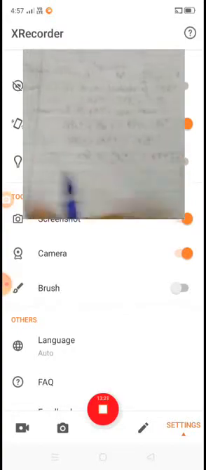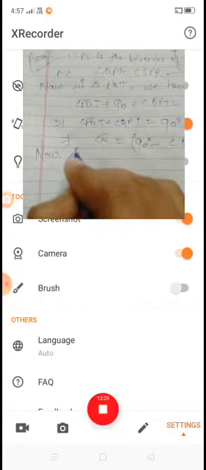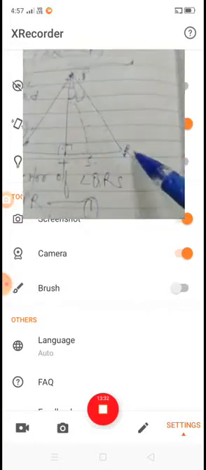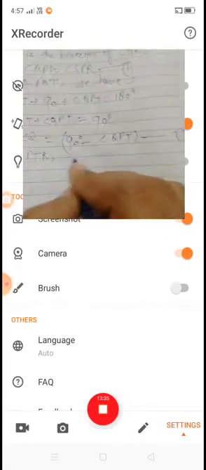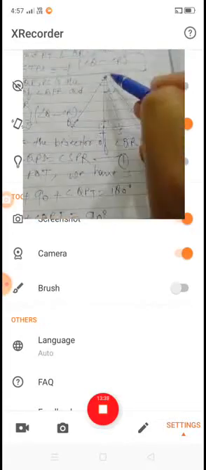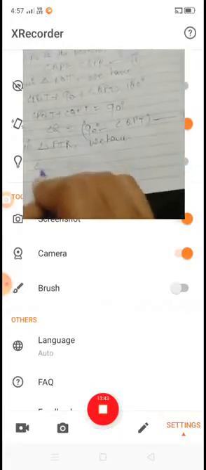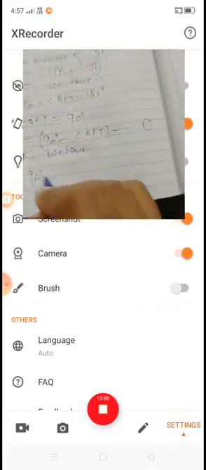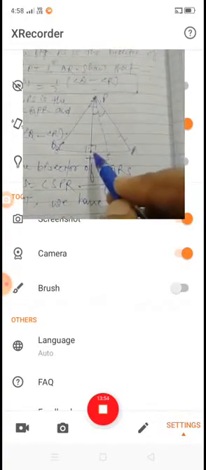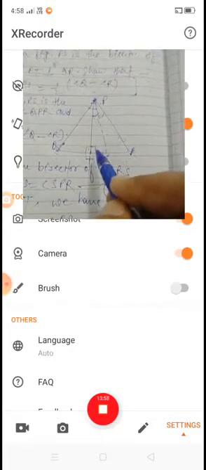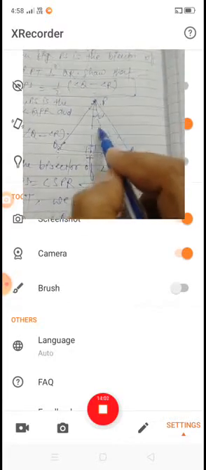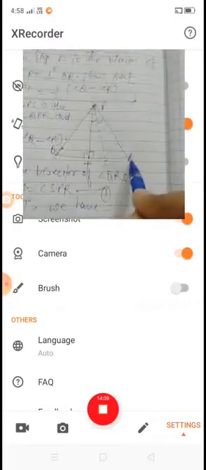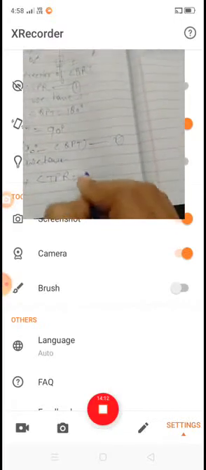Now in triangle PTR, we have angle PRT plus angle PTR, where angle T is 90, plus angle TPR is equal to 180.